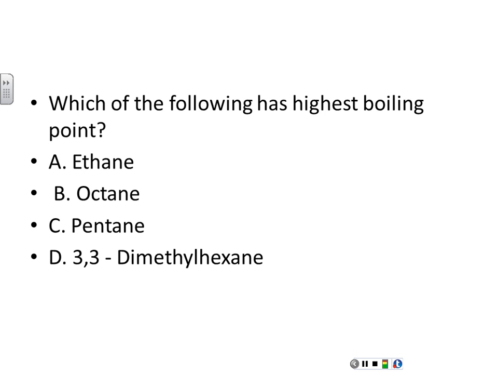Both have 8 carbons. So now, out of these two, one will have a higher boiling point. If it is branched, it has a lower boiling point compared to a straight chain. So, straight chain has a higher boiling point than branched.